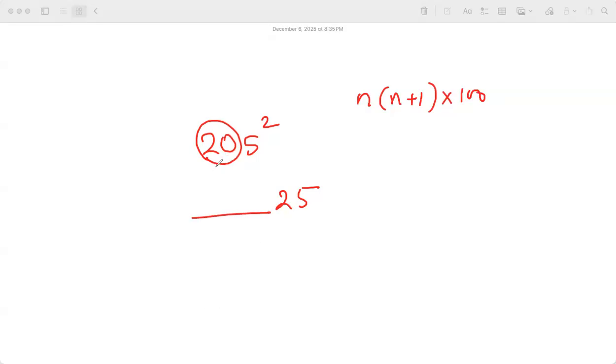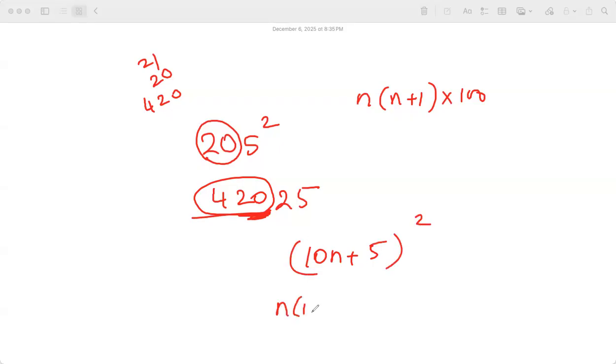Here 20 times 21, that is how many hundreds? 420 hundreds you're going to place, right? So you're going to put 420 here. The hundreds place is being occupied by 420 hundreds. So when you expand this, you get the same thing: n times n plus 1 times 100, plus 25.